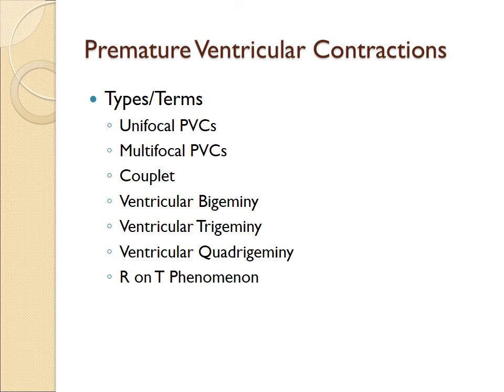So you think about how your wave goes PR, QRS, T. There between that R and T is when, if we had a PVC during that time, during that repolarization, that could be very dangerous and put our patient into VTAC. And so our doctor would want to know about that, because the doctor would probably want to intervene with some kind of therapy, some kind of medication to try and prevent that from occurring.